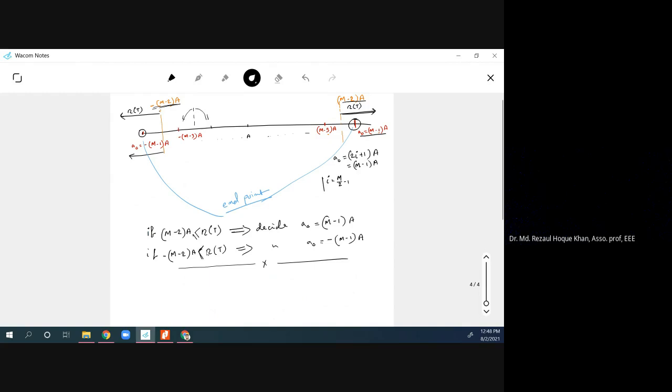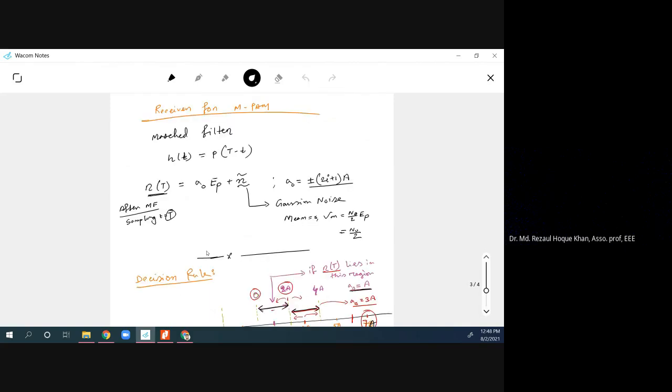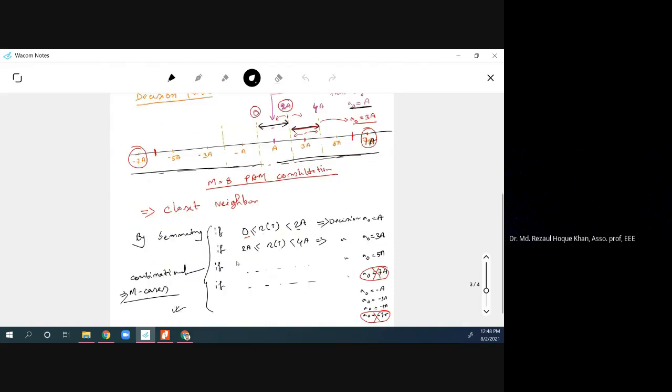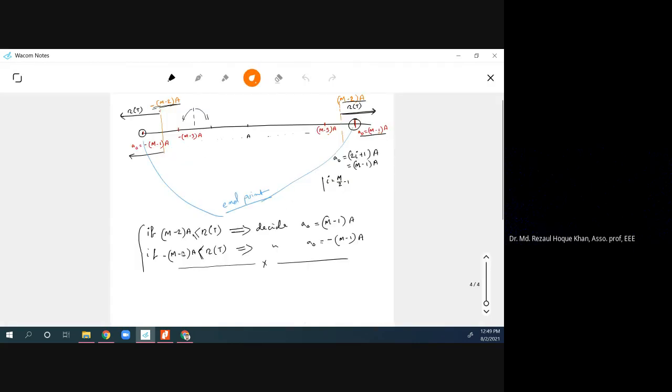Okay, so this decision is completed. This is actually for the in between points, the inner points. Okay, so these are actually our inner points, and this is for the end point.